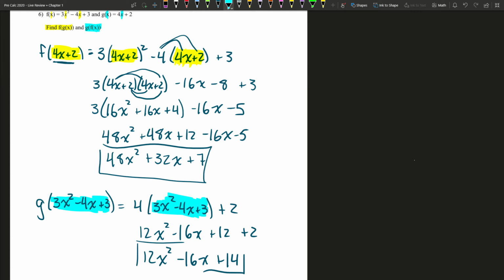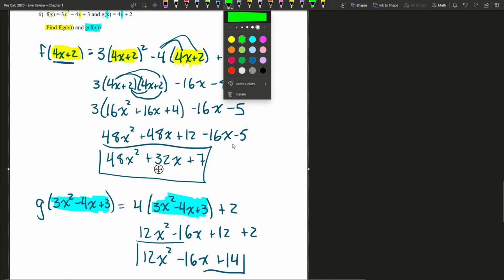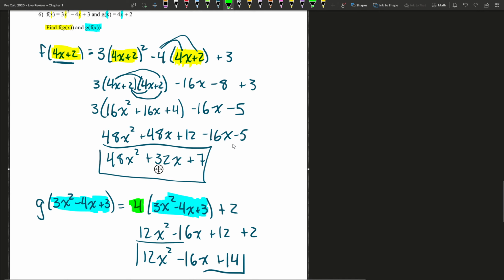Where do you get 4 from? Where do I get 4 from? I'm guessing you mean this 4 right here. That 4 comes from up here, from our equation g of x. It comes from our function g.